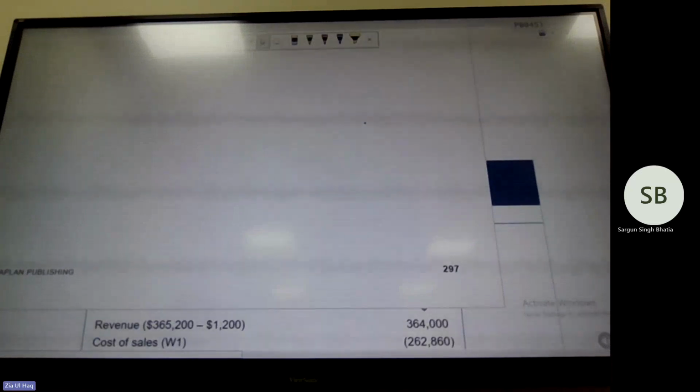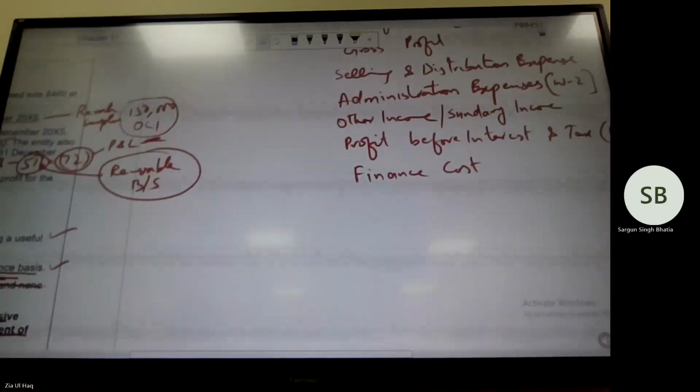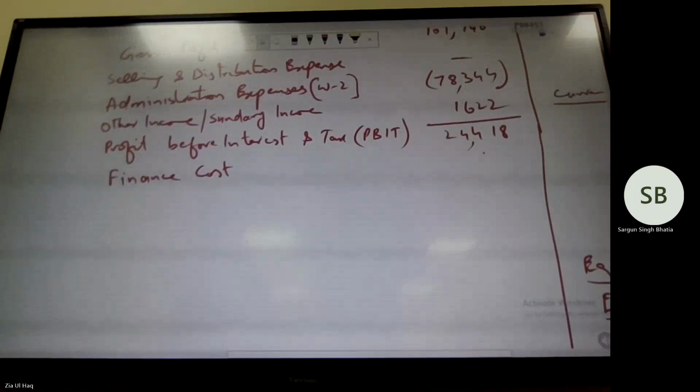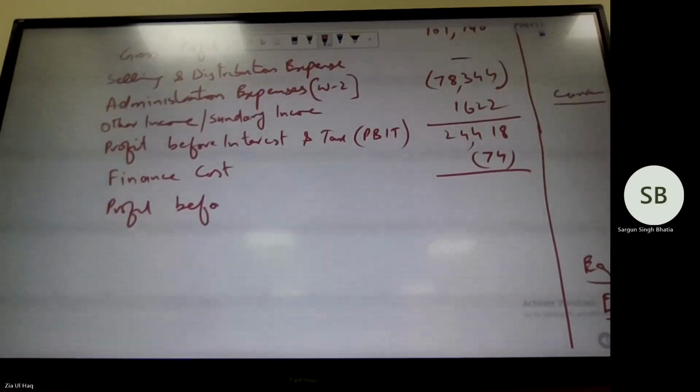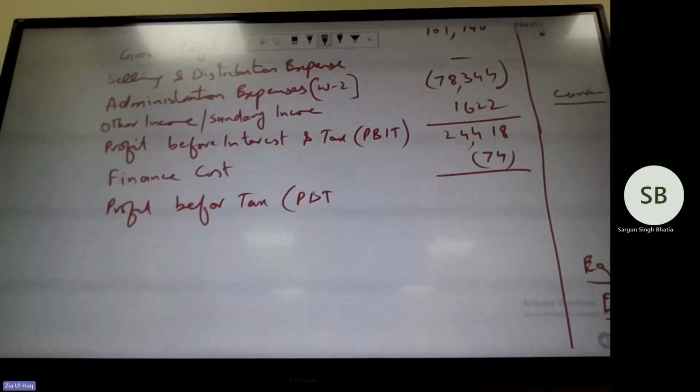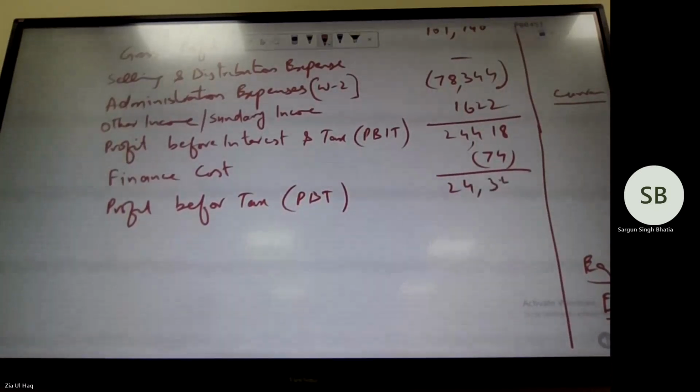So we will deduct this interest of 74. We will arrive at profit before tax, also called PBT. What is that figure? 24,344.